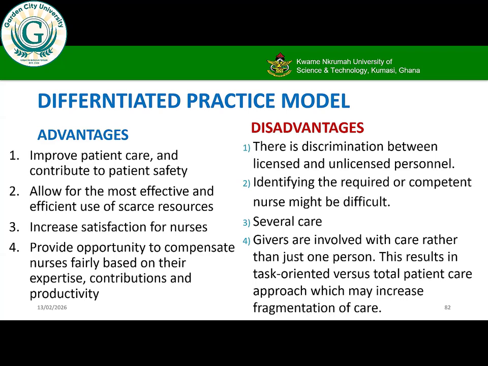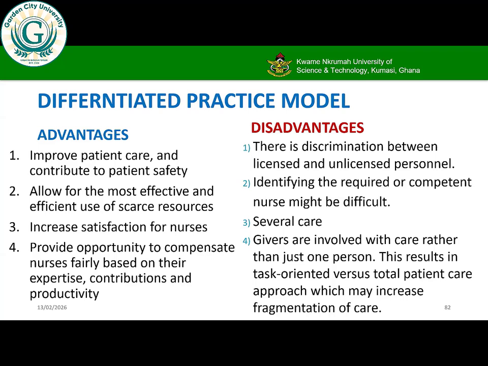So that's why it also encourages you to move ahead, develop yourself. There is a discrimination between licensed and unlicensed personnel. In this case, a lot of people have moved on, developed themselves, because of this discrimination.